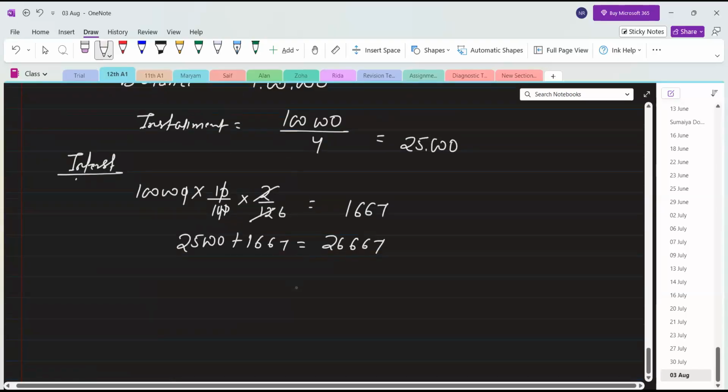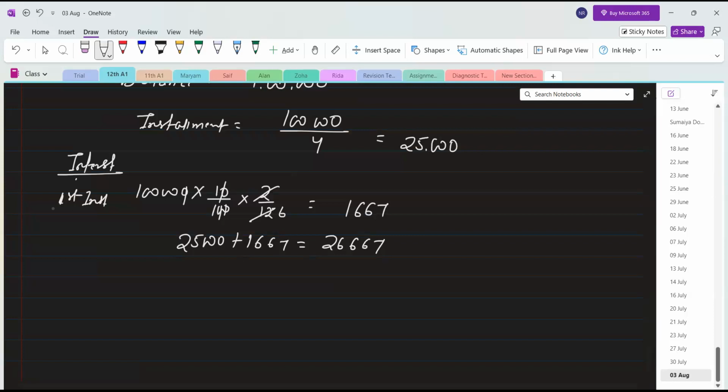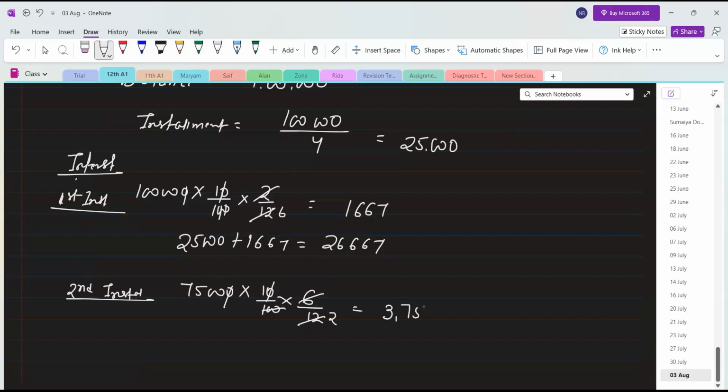The second installment. Now the remaining amount in the second installment is only 75,000. So on 75,000, 10% into 6 by 12, it is 3,750. So the installment amount will be 25,000 plus 3,750.